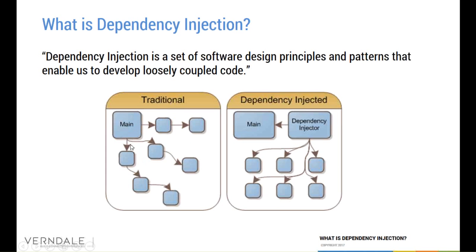When we go to main, we will be creating a lot of objects. What if I have a dependency injector, maybe another service, which provides me all the classes or dependency objects whenever I need them?